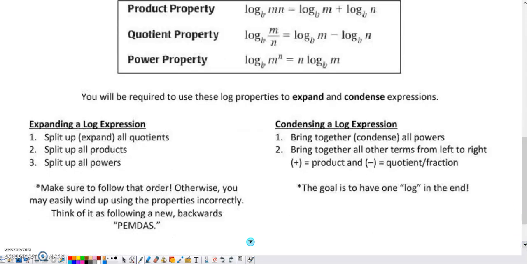So we're going to use those properties to expand or condense logs. Refer to this page when you complete examples later on, and especially when I refer to step 1 or step 2.